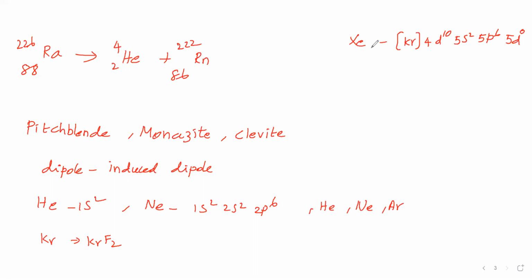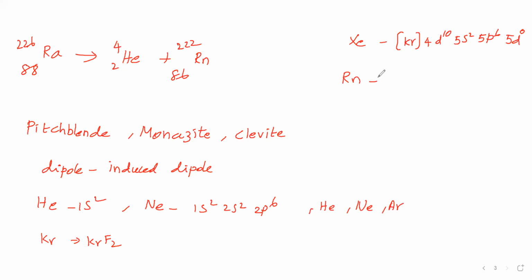Many compounds of xenon were discovered. Then we'll go for radon. Radon is having vacant d orbitals in the valence shell, but we are unable to isolate radon because of its very low half-life period.